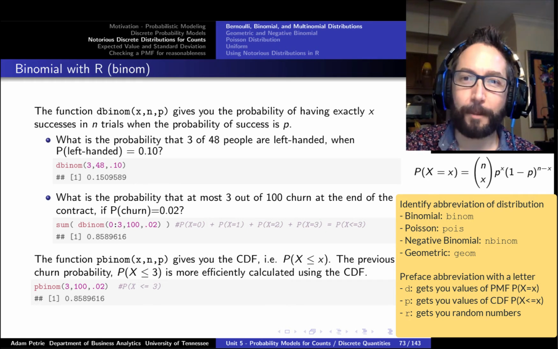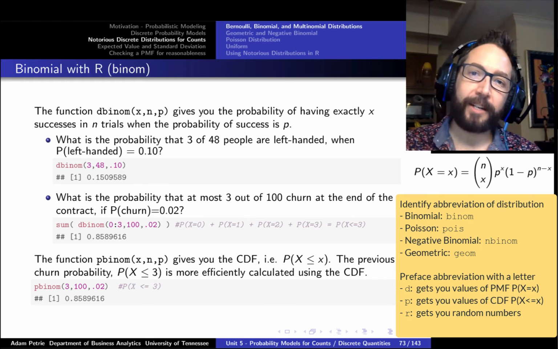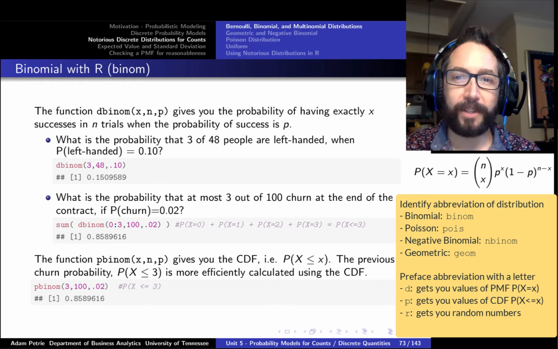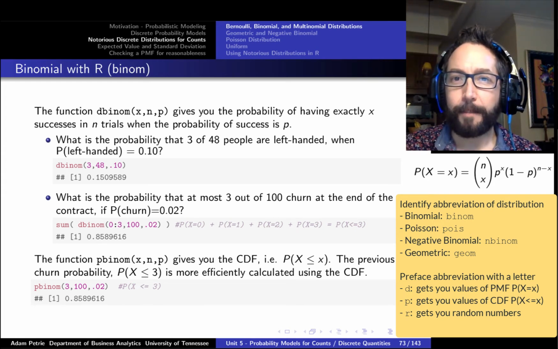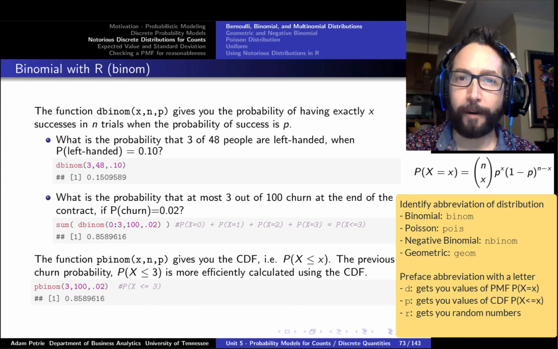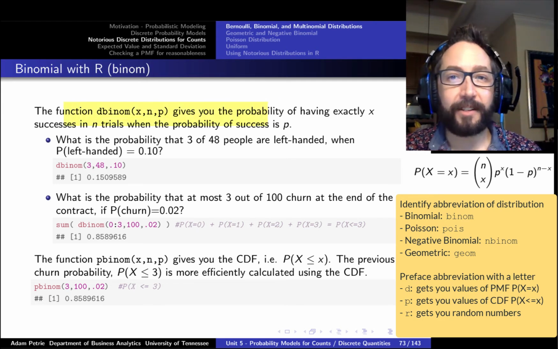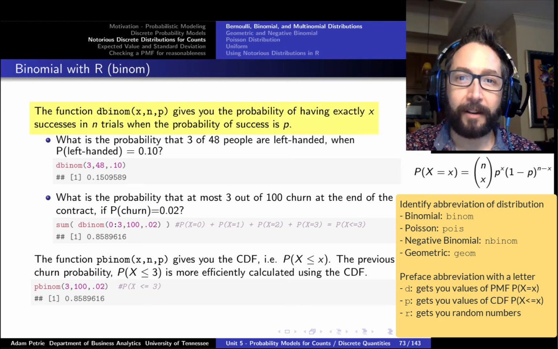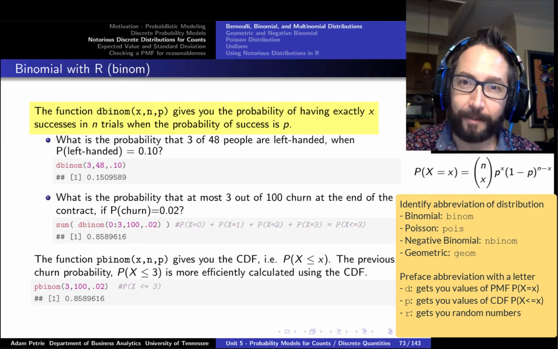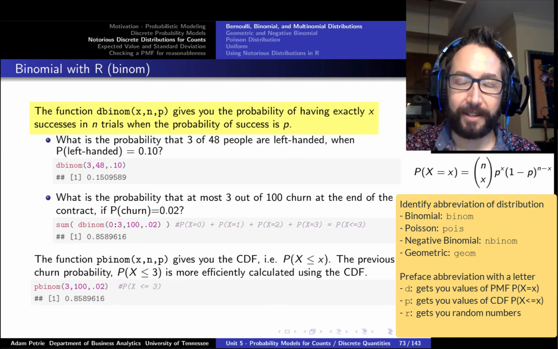Binomial in this case is going to be binom. And we're going to preface binom with a single letter, either D, P, Q, or R. If we preface it with D, dbinom, that's going to give us the probability of observing a certain value of little x.